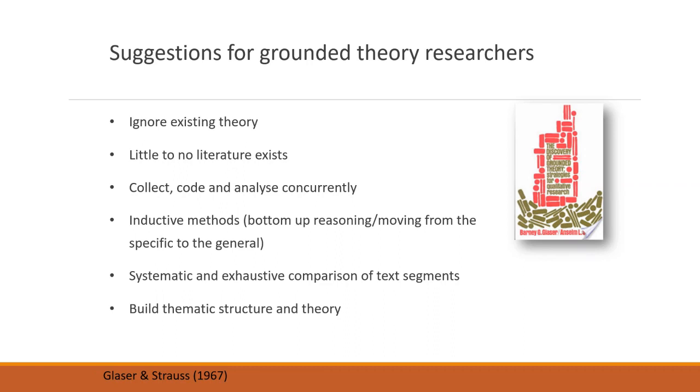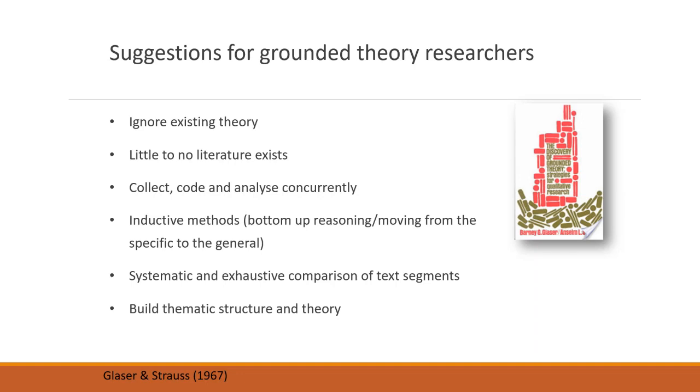What grounded theorists often do is ignore existing theory. So when we say we need the theory that drives your research, the lens that you're using for your research, when you're doing grounded theory, your work will not necessarily be driven by a particular theory, because the theory then informs and directs how you're going to do research.